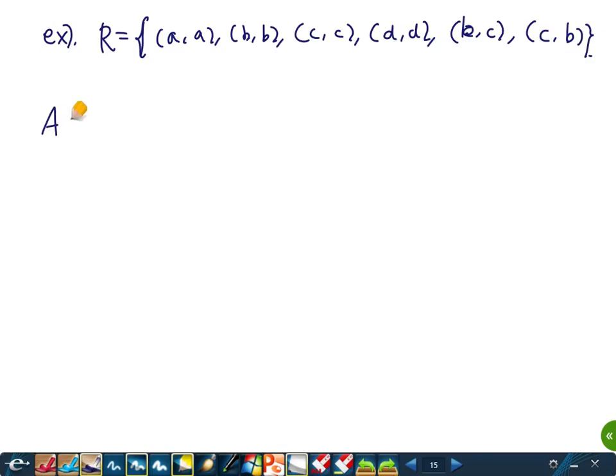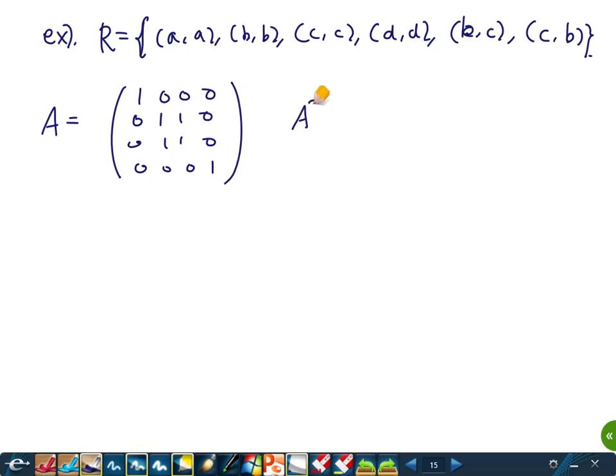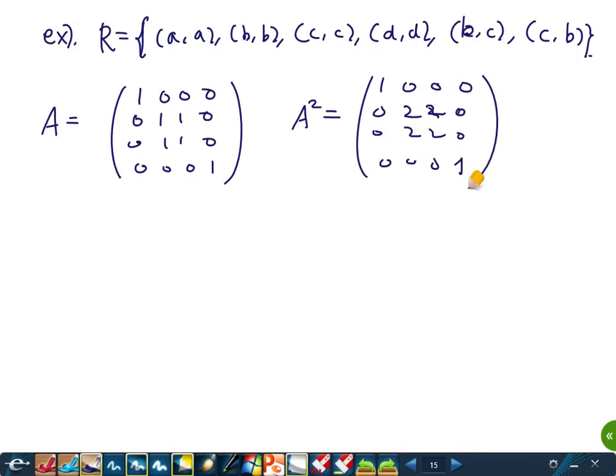So the matrix of the relation is 1 0 0 0, 0 1 1 0, 0 1 1 0, 0 0 0 1. And A squared, if you compute it, is 1 0 0 0, 0 2 2 0, 0 2 2 0, 0 0 0 1. It's easy.